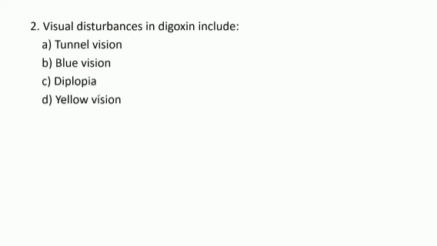And second question, visual disturbances in digoxin. We discussed these things in the class. Which visual disturbances can we expect in digoxin therapy? Option A, tunnel vision. B, blue vision. C, double vision or diplopia. D, yellow vision. What is the visual disturbance which we can observe in digoxin therapy?